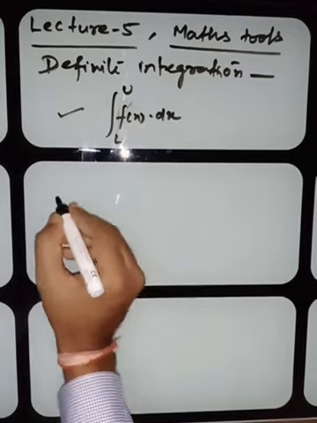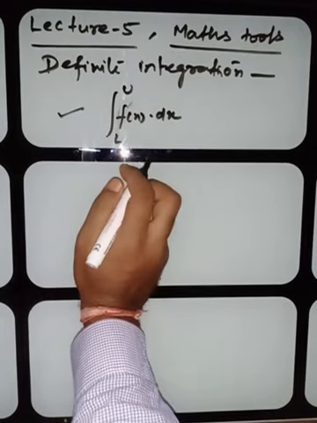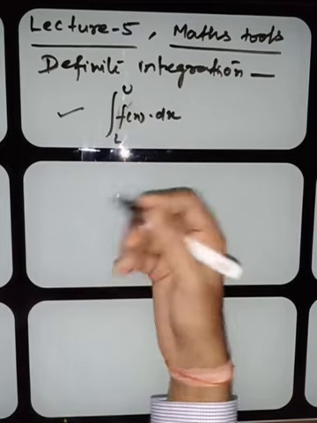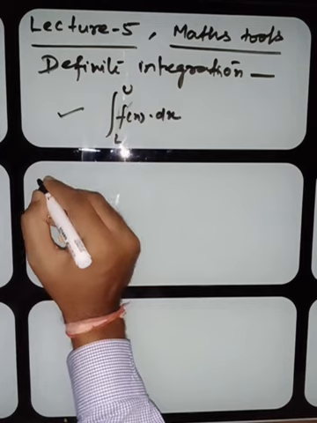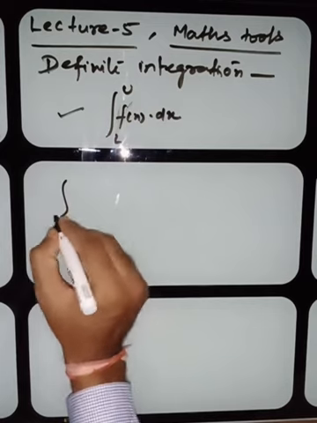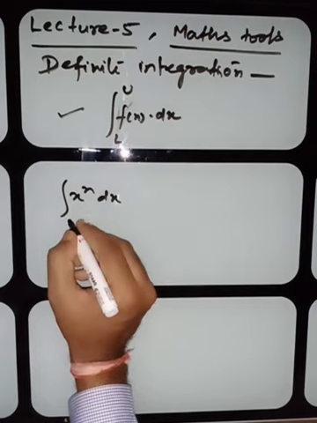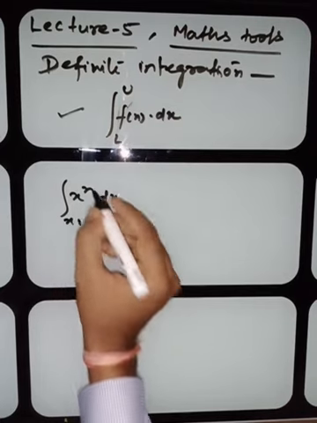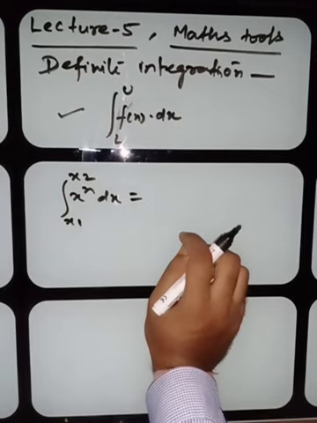Here is one formula, and then we'll start with our questions and wrap up. The formula: integral of x to the power n dx, with limits, suppose x1 to x2. You have to find the answer.